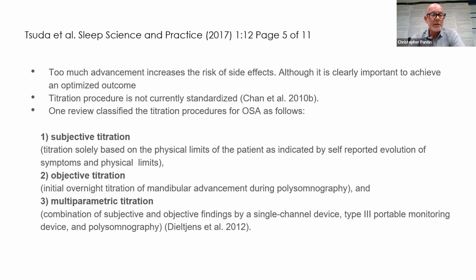The next one is objective, which is initial overnight titration of the splint during polysomnography. That's probably the gold standard of titration, but not practical. And then multi-parametric titration, which is what we are probably doing now more commonly, which is a combination of subjective and objective findings using a single channel device, a type 3 portable monitoring device, or full polysomnography.